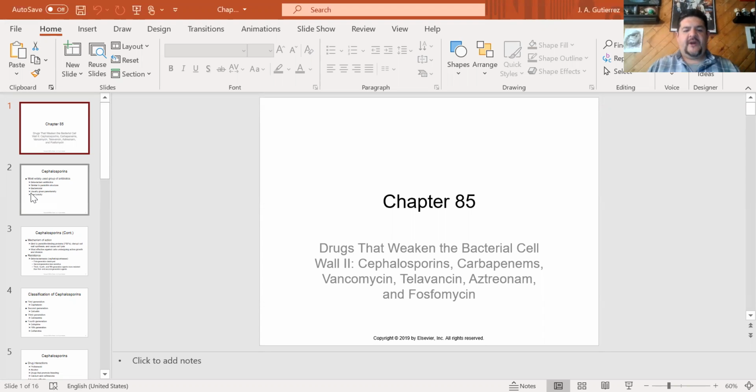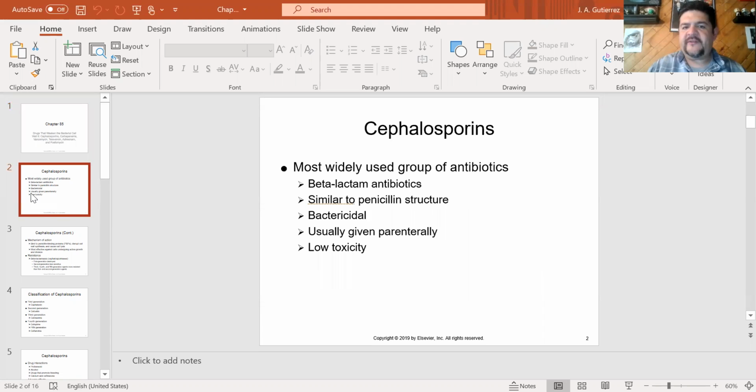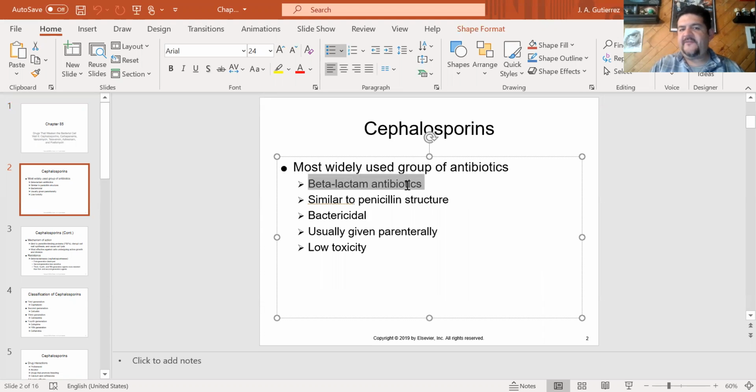So the next group of antibiotics are called cephalosporins. And again, just like penicillins, they are part of the beta-lactam antibiotic family because they have a beta-lactam ring. Also, they are bactericidal. That means that they kill the bacteria by destroying the bacterial wall.